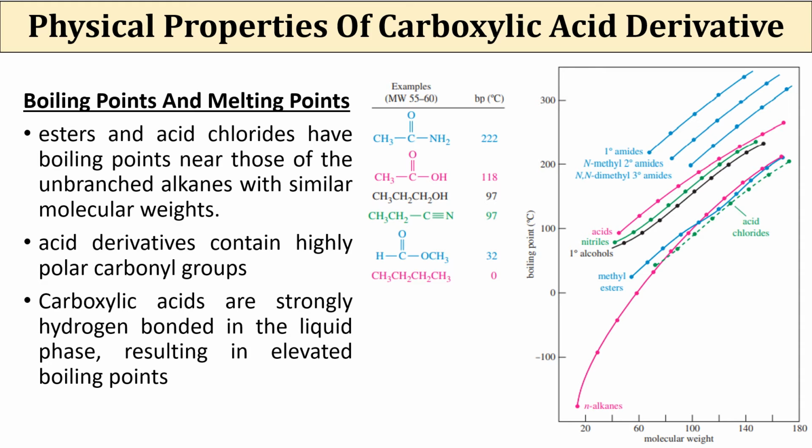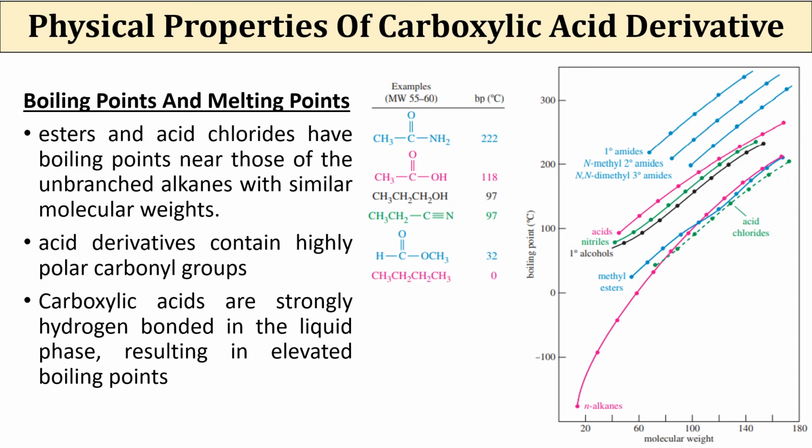These acid derivatives contain a highly polar carbonyl group, but the polarity of the carbonyl group has only a small effect on the boiling point. Carboxylic acids are strongly hydrogen bonded in the liquid phase, resulting in elevated boiling points. The stable hydrogen-bonded dimer has a higher effective molecular weight and boils at a higher temperature.